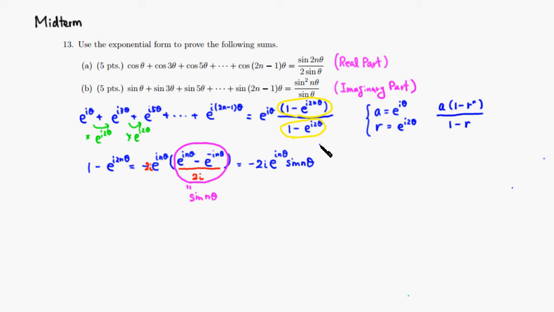Then once you do the top one, the bottom one is the same, the only difference is that n is 1 in that case. By doing the same thing, we can find that 1 minus e to the i 2 theta is simply negative 2i e to the i theta times sine of theta.